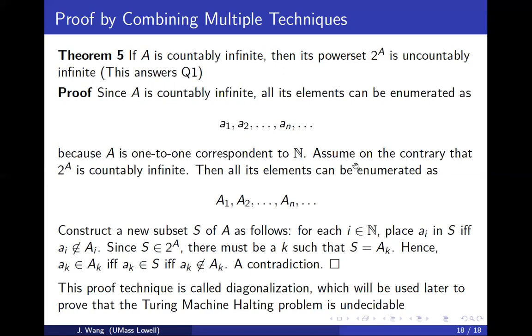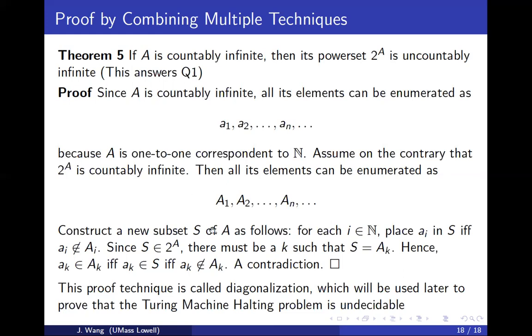Now we are going to use two techniques: proof by contradiction and proof by construction. We assume, on the contrary, that 2 to the A is countably infinite. So this is a proof by contradiction.